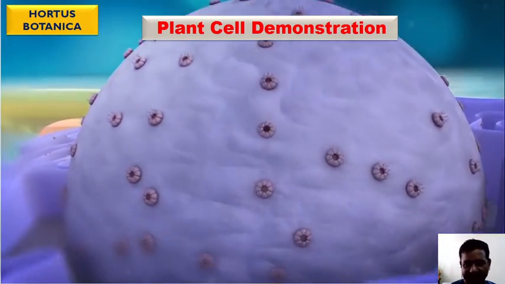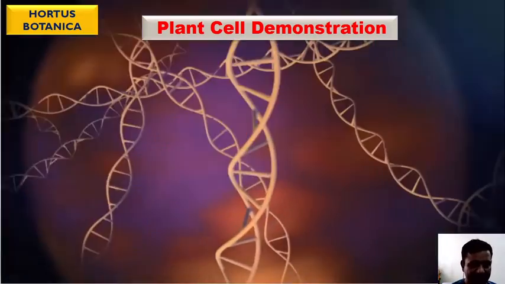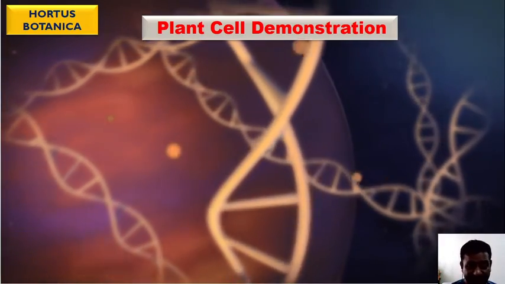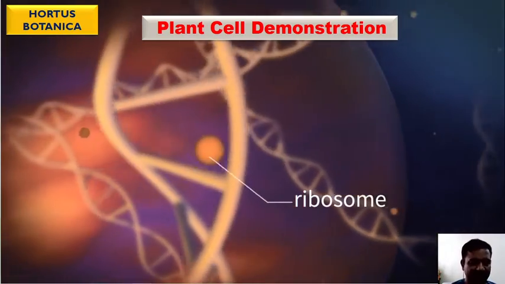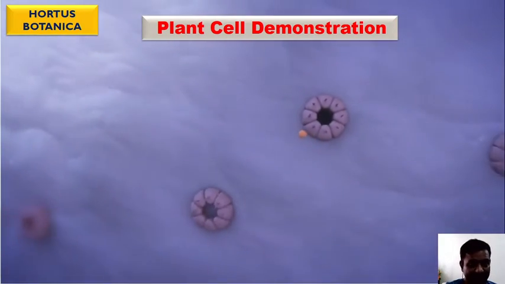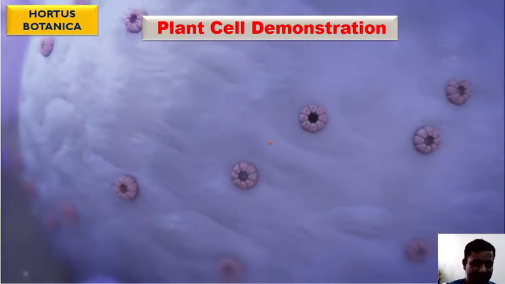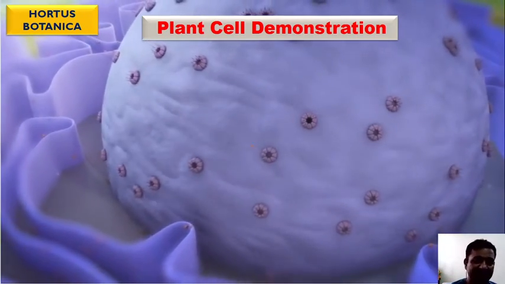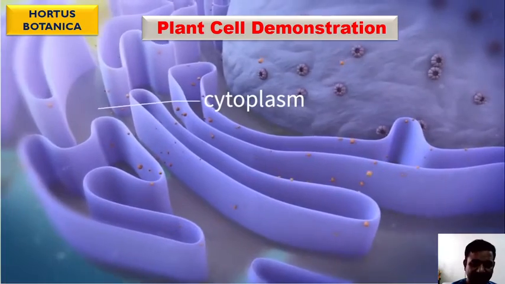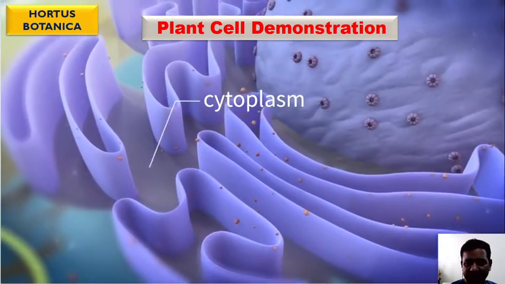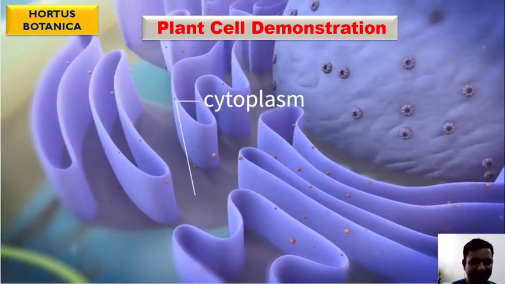Inside the nucleus we have the nuclear membrane, and the nucleolus inside, which is the site where ribosomes are formed. Ribosome is a protein factory, and see how they come outside into the cytoplasm and synthesize protein. That is very important for enzymes, hormone secretions, and metabolite formation also. See the main arena of the cell, that is the cytoplasm.